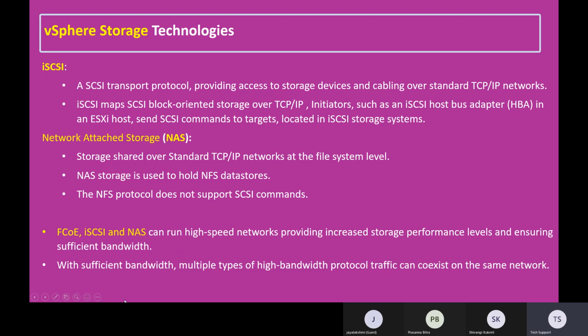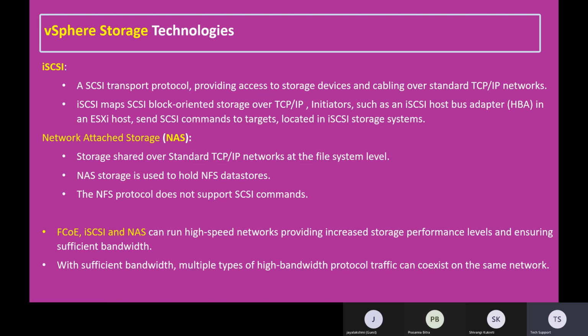And one important point is that FCoE, iSCSI, and NAS can run on high-speed networks, providing increased storage performance levels and ensuring sufficient bandwidth. These three storage types use a normal network switch only, but they recommend running that network switch on a high-speed network because of storage access.